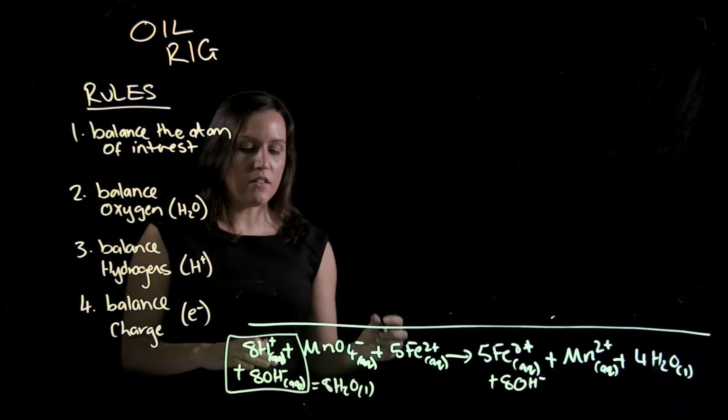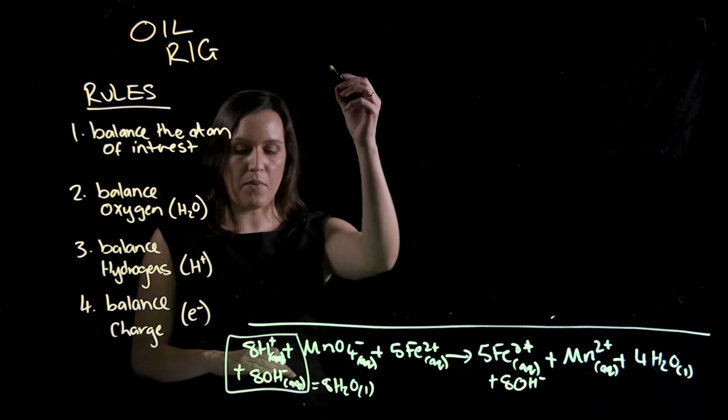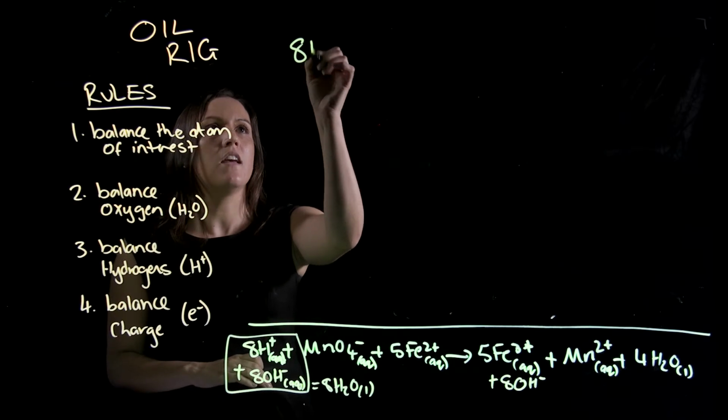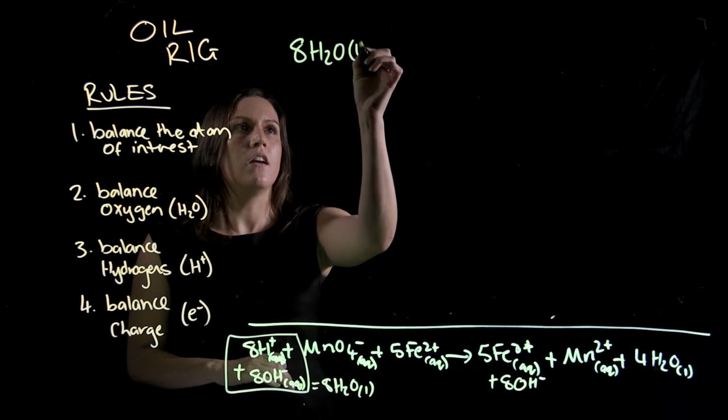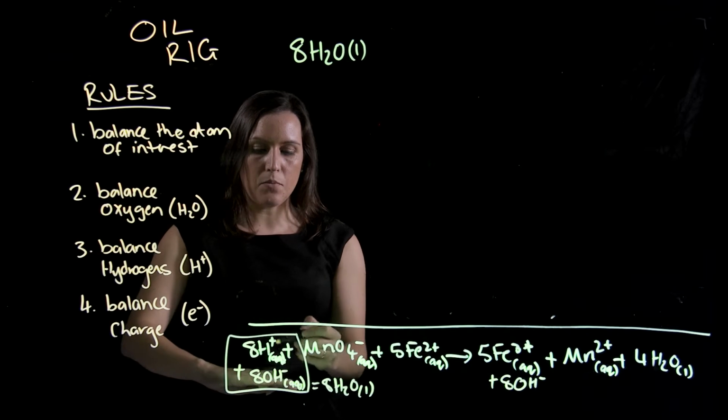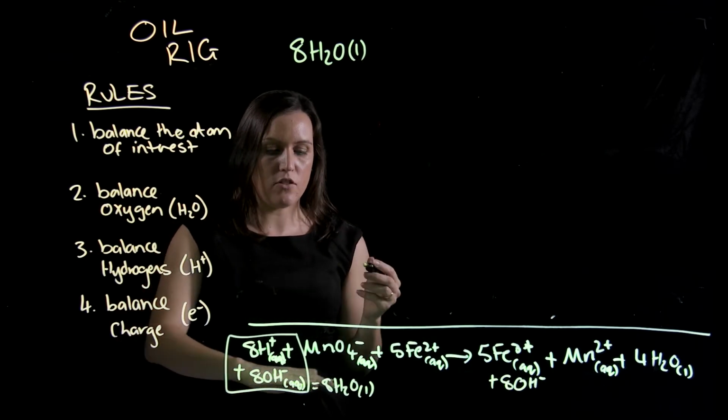Okay, so now we're just going to put this all together, and I'll write it back up the top here. So I've got 8H2O, and that's in the liquid form. Okay, so my H plus and my OH minus had made H2O.